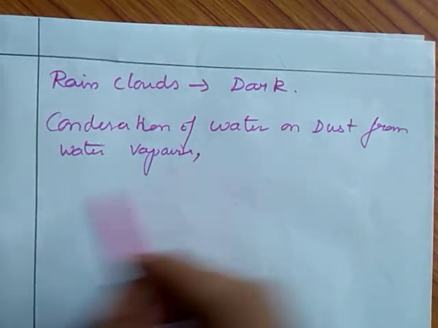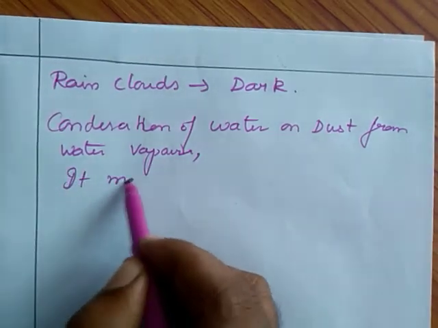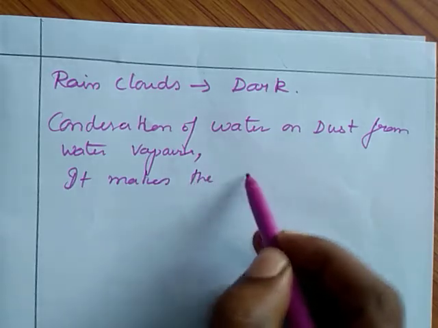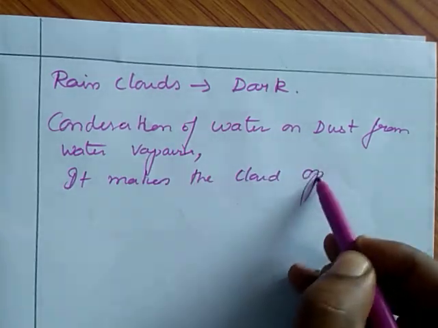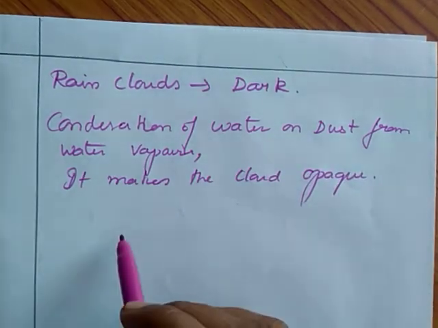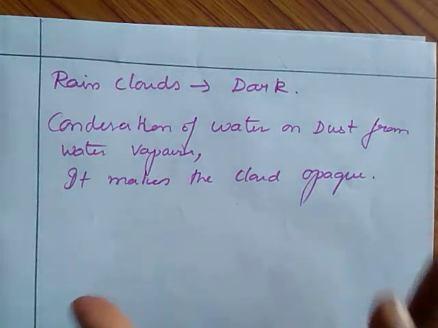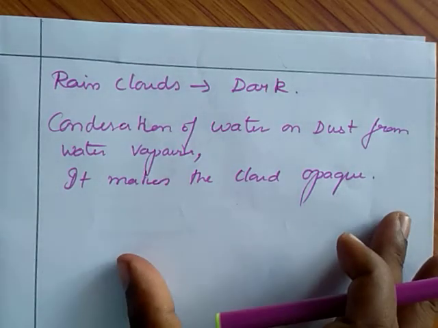This makes the cloud opaque, so no scattering takes place in these clouds. That's why the cloud appears dark.